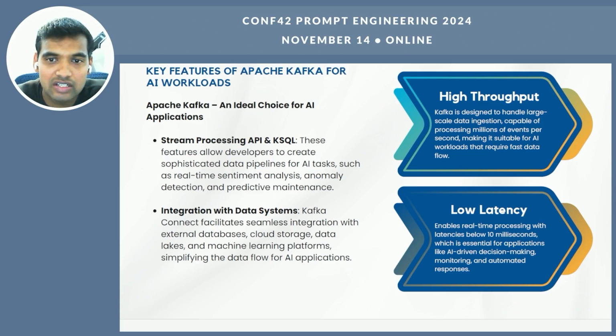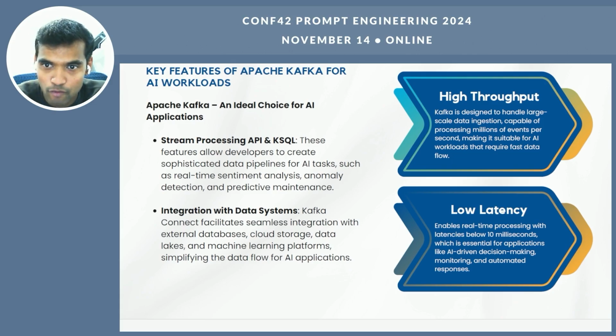This feature allows developers to create sophisticated data pipelines for AI tasks, such as real-time sentiment analysis, anomaly detection, and predictive maintenance. When it comes to the Stream Processing API particularly, this is a powerful API within Kafka that allows us to build custom applications that process data streams.